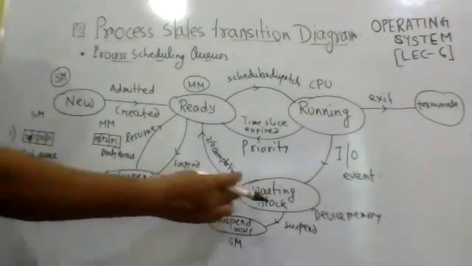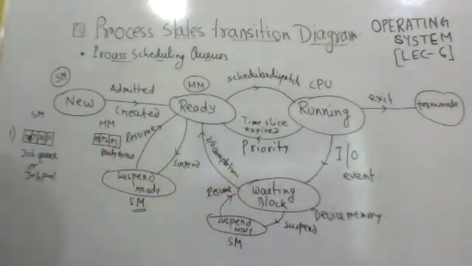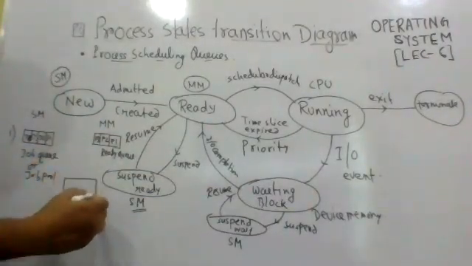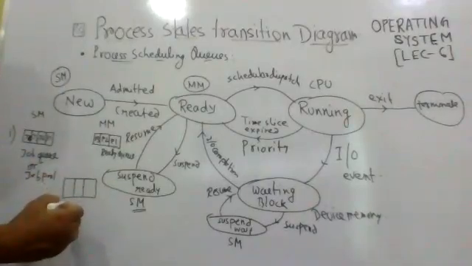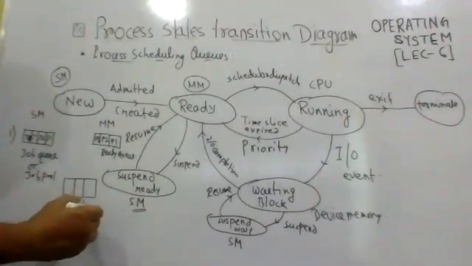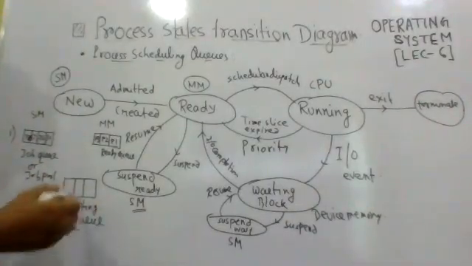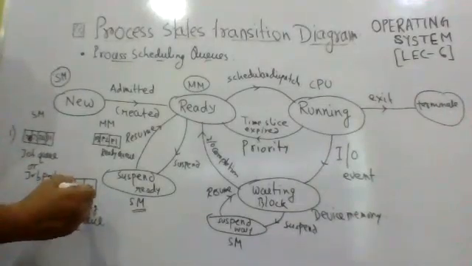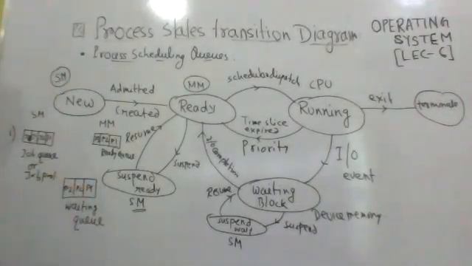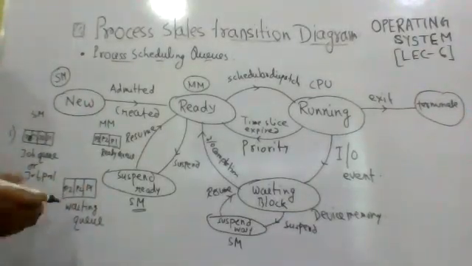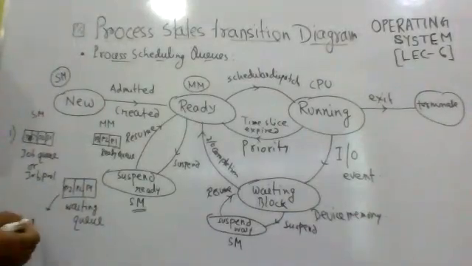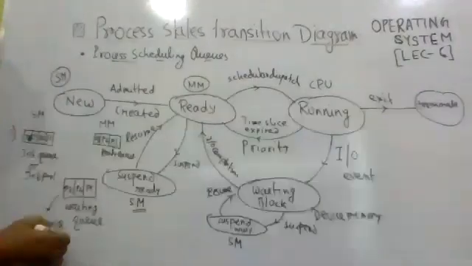And in this particular waiting state we have another queue, called the waiting queue. Here processes are waiting for IO operation, and this is the concept of device memory.